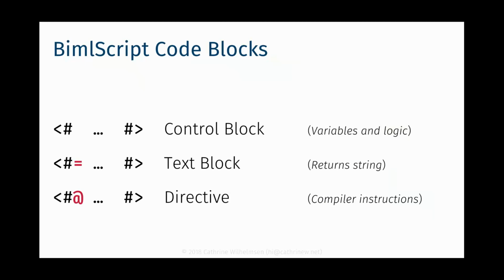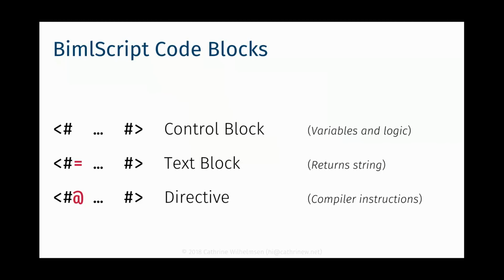The first one is called the control block. This is where you specify your variables, your logic, things like if-else statements and for each loops and things like that. Anything that you can do in C#, you can do inside of these control blocks. Then we have something called text blocks. This is what we want to do if we want to replace those hard-coded values with expressions. The only difference here is that we have that little equal sign on it.